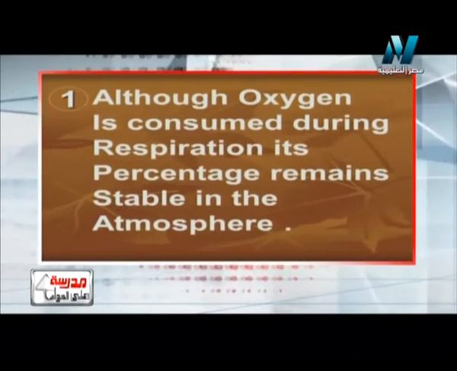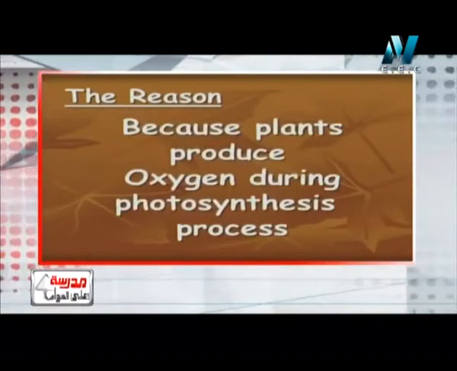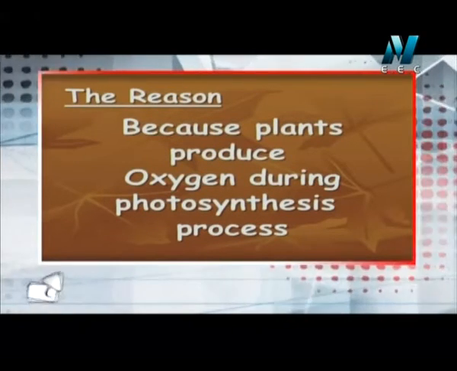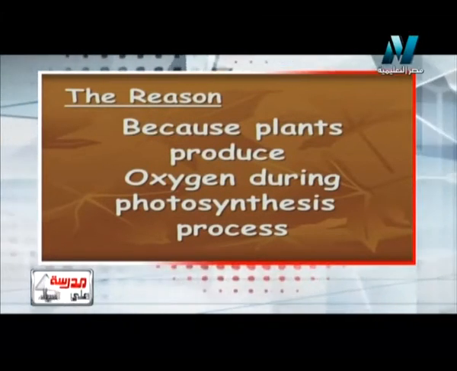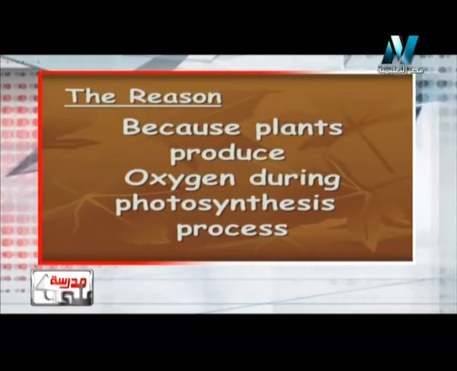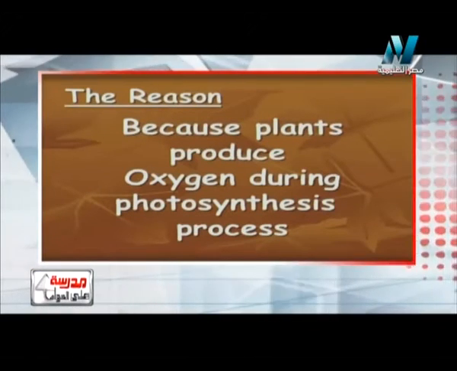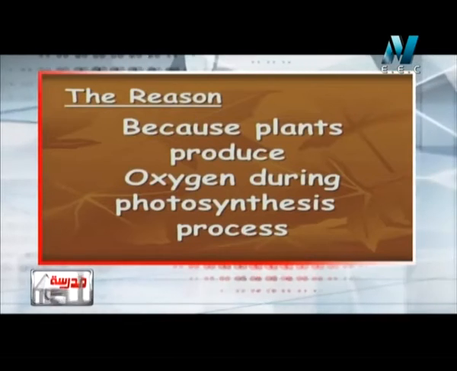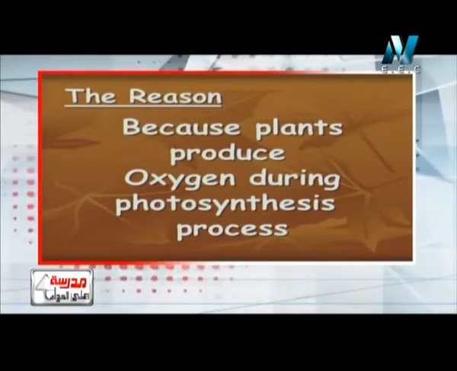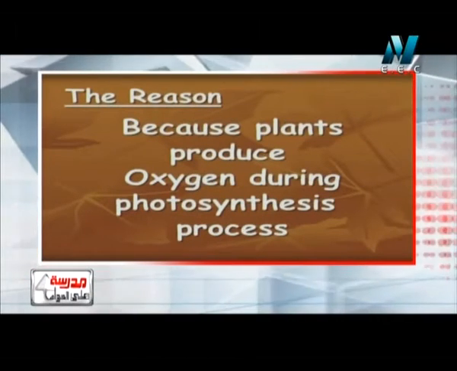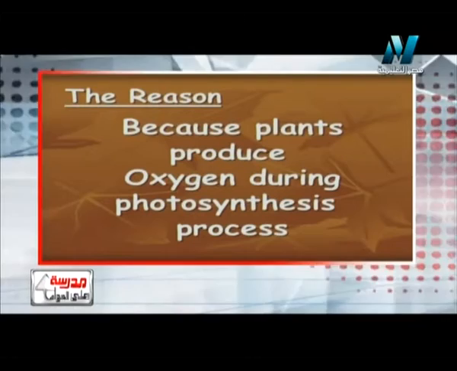The answer is that plants produce oxygen during the photosynthesis process, a very vital process. The plants compensate for the shortage of oxygen used in respiration. So, because plants produce oxygen gas during photosynthesis.